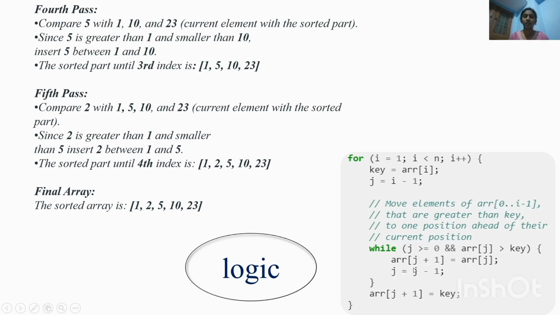Now the condition will become false. j becomes 0 minus 1, which is minus 1. Now if you go into the loop, it will become false, so it will come out, since we don't have a negative index. So array of j plus 1 will be equal to the key value. This is the logic behind insertion sort.